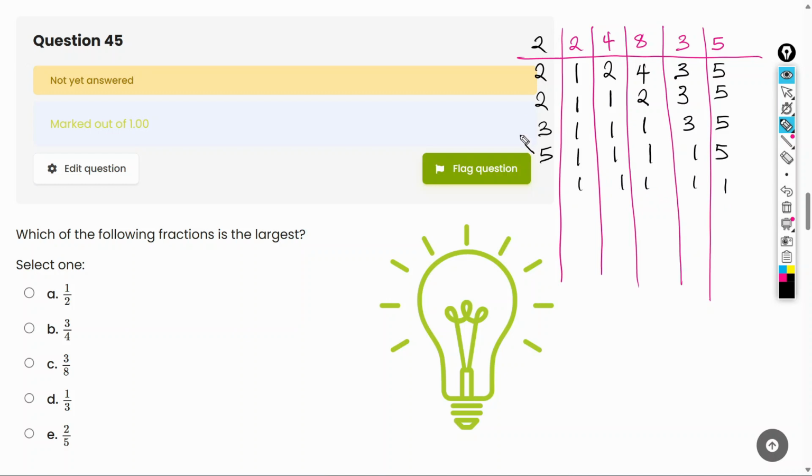So our LCM is 5 times 3, 15. 15 times 2, 30. 30 times 2, 60. 60 times 2, 120. So we have a common denominator of 120. So to compare, we divide by our denominators and then multiply by our numerators.